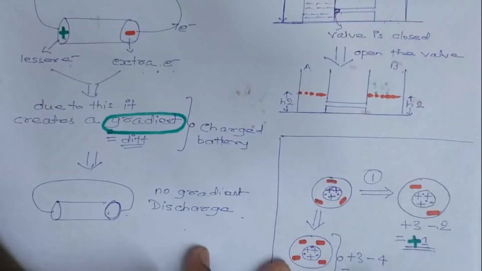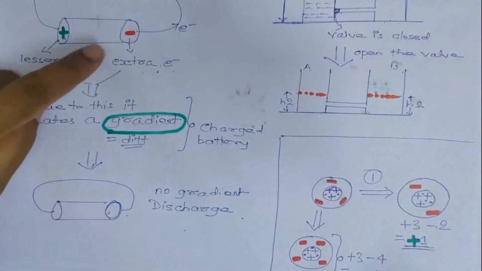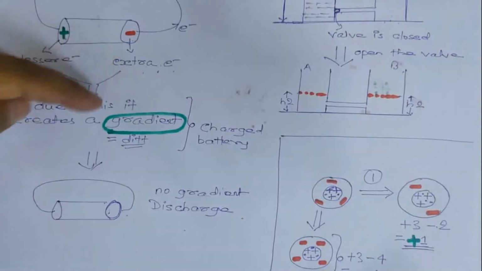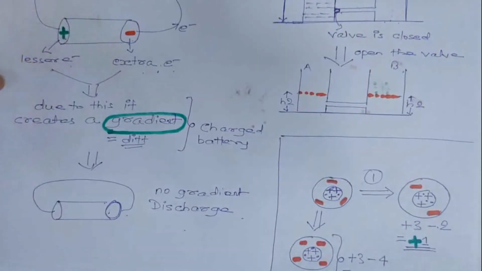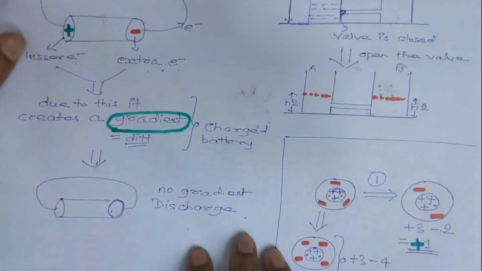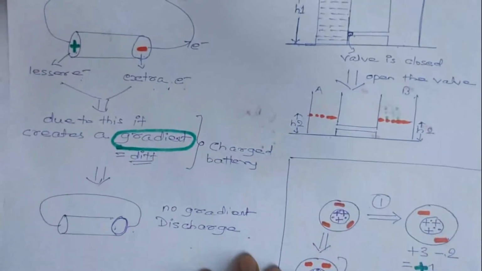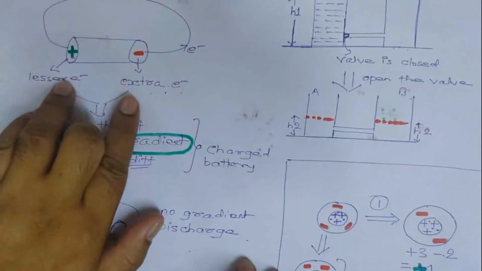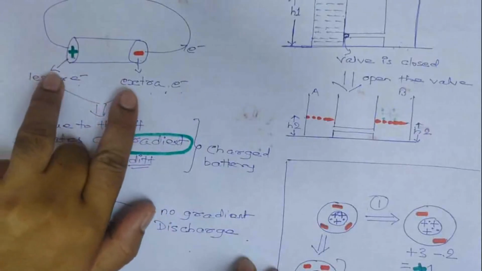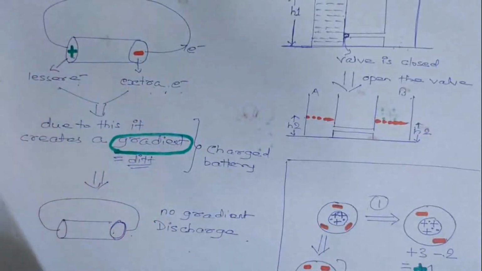So this is what I am saying. If you see minus, that means what? It has a greater number of electrons. This is what I have written: it has a surplus of electrons. Okay. So in a nutshell, there should exist a gradient of the number of electrons.